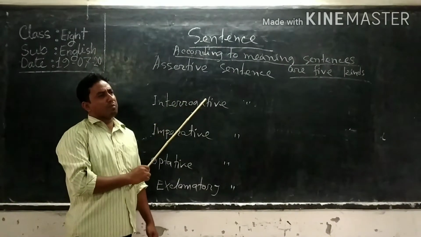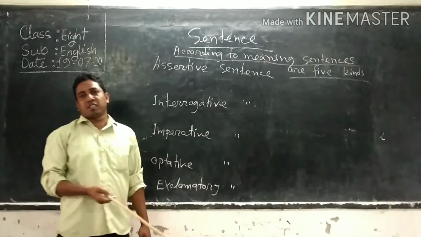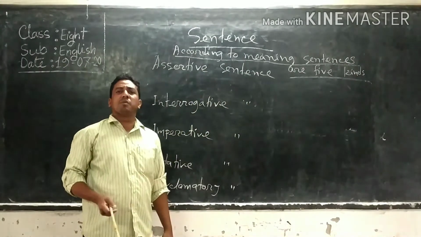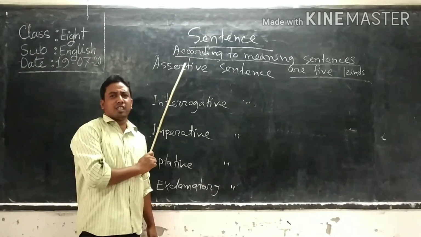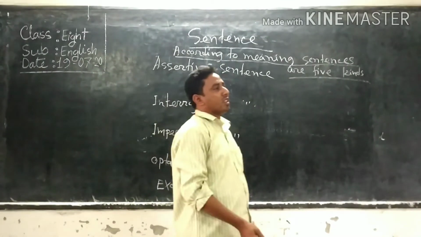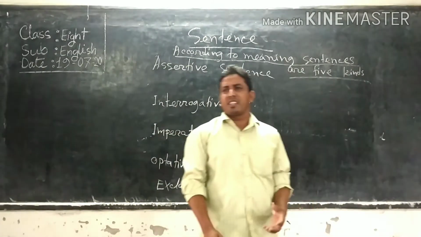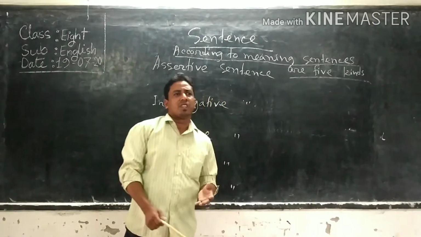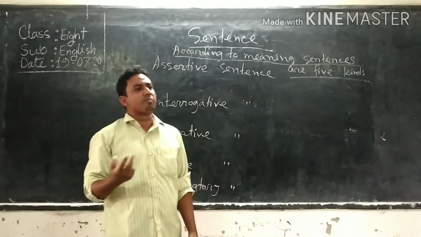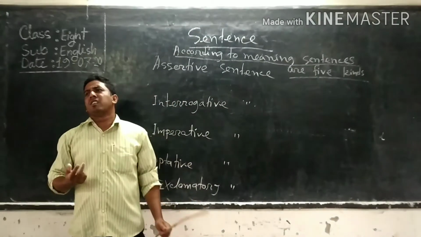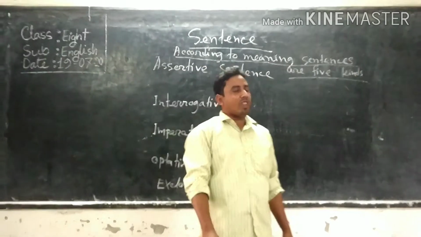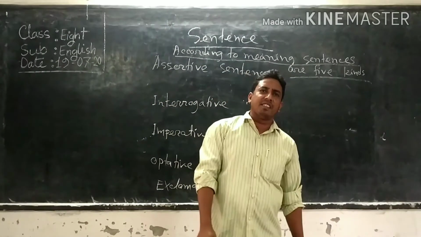At first, I will give a description of the assertive sentence. Another name for the assertive sentence is statement. Most of the sentences are assertive. Assertive sentences are of two kinds, affirmative and negative. When we say something, this is an assertive sentence.